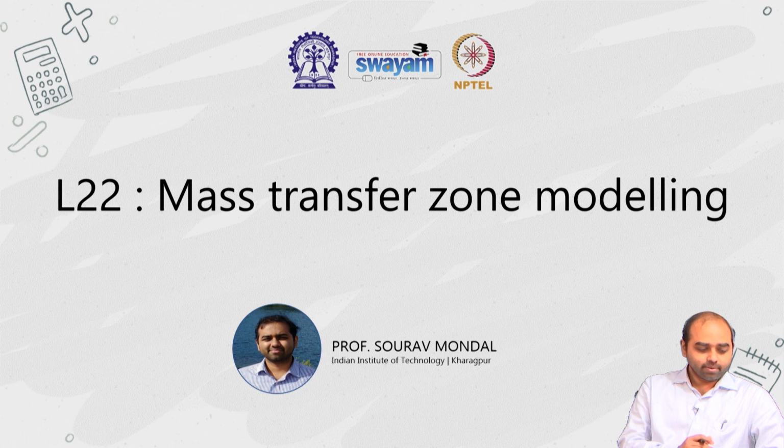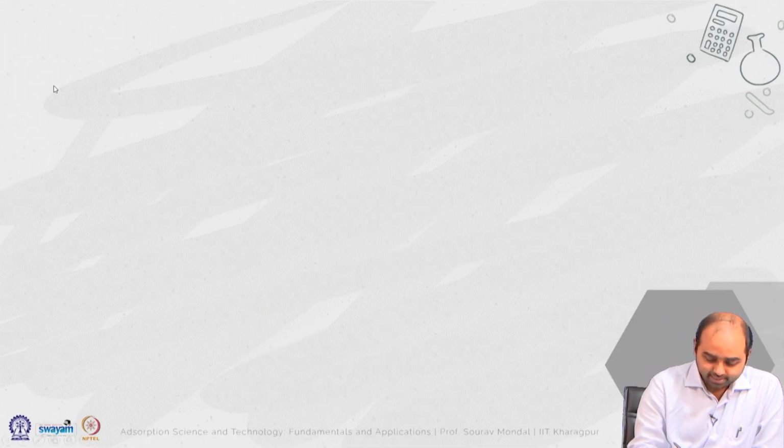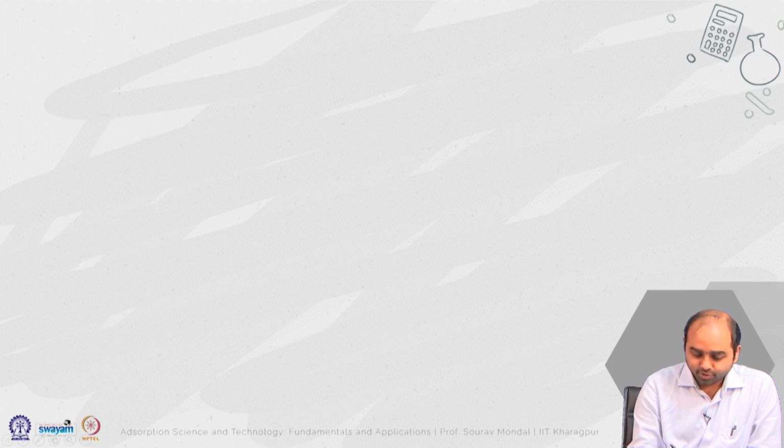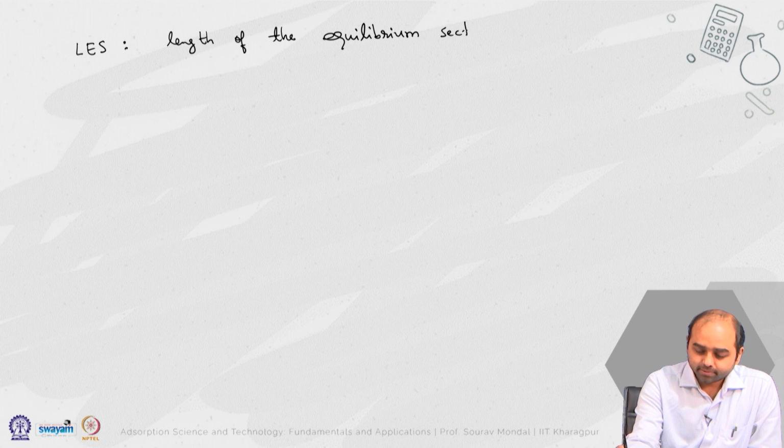Now, in this case, let me quickly remind what we mean by the LES and the LUB. So, LES represents the length of the equilibrium section.